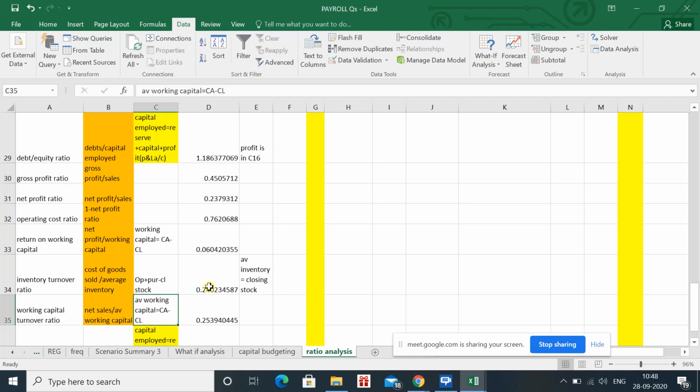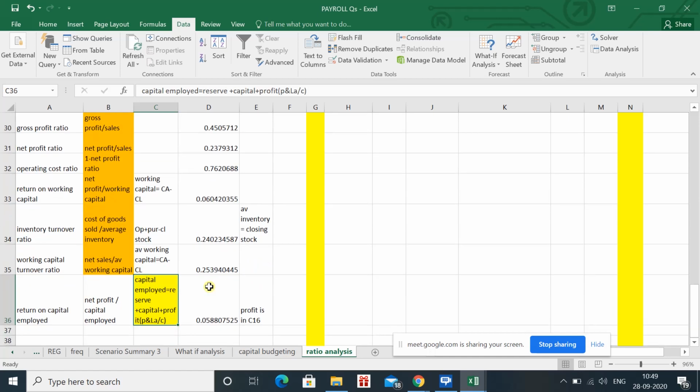For average working capital, they have used current asset minus current liabilities. If we want to apply the average, opening working capital plus closing working capital should be there, but that is not given in the question directly. So for average working capital, they have taken current asset minus current liabilities.